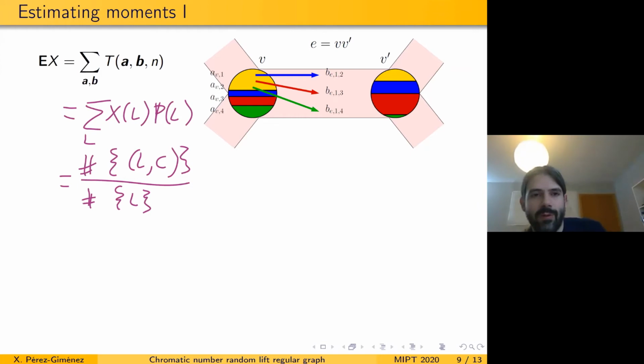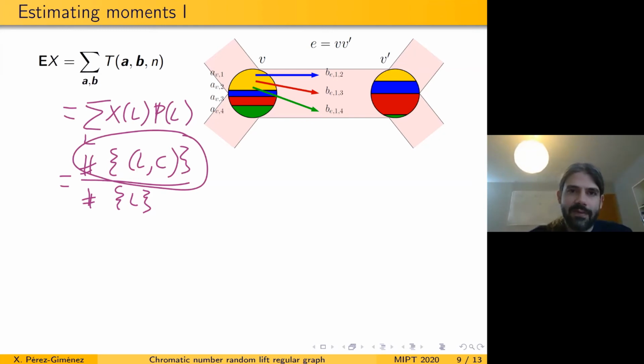Since it's a uniform probability space, the expected number of colorings is just the number of pairs (lift, coloring), where C is a proper coloring of the lift, divided by the number of lifts. But to compute this numerator, it's very hard to fix a lift and count how many colorings you have. It's a lot easier to fix a coloring and count how many lifts are compatible with that coloring.